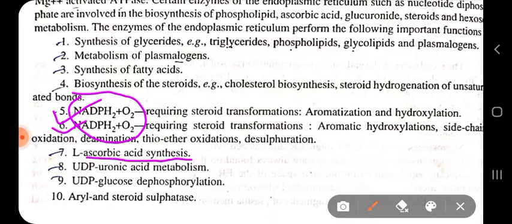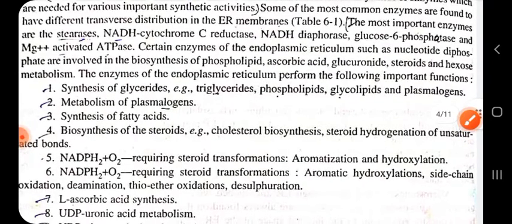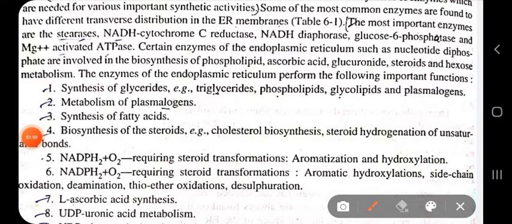Then ascorbic acid synthesis. As I have just said, it will be nucleoside diphosphatase. The name has been written wrong here. Nucleoside diphosphatase is also involved in ascorbic acid synthesis.